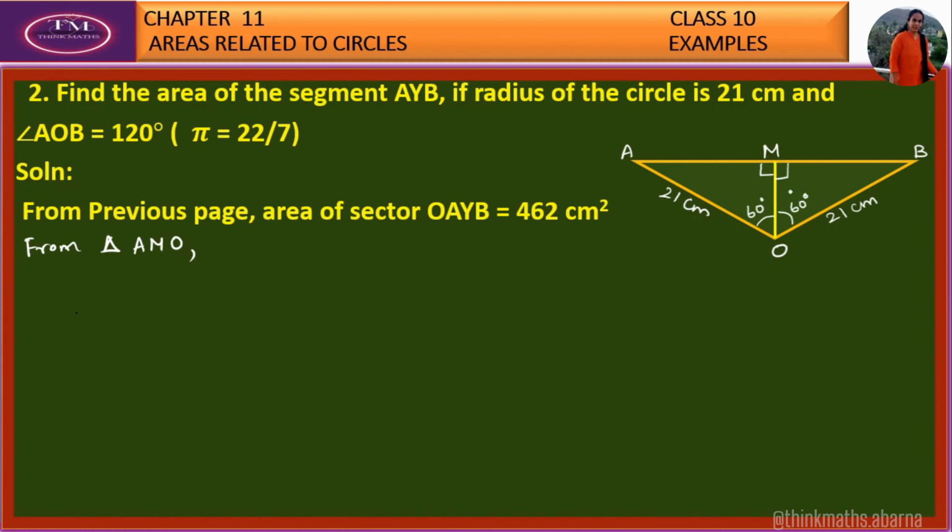So now we need to find OM, the height. What do we know? We know OA. So this is right angle. So this is the hypotenuse side and the angle opposite, this 60 degree, is opposite to this side. So this is the opposite side. So this will be the adjacent side.